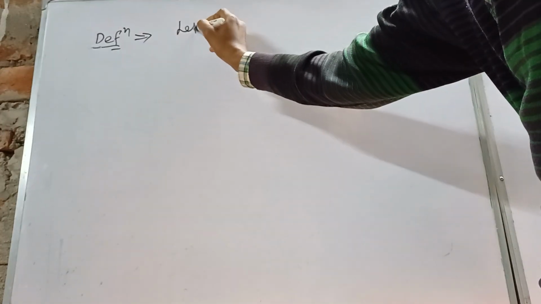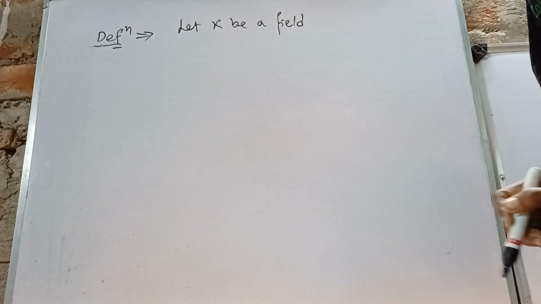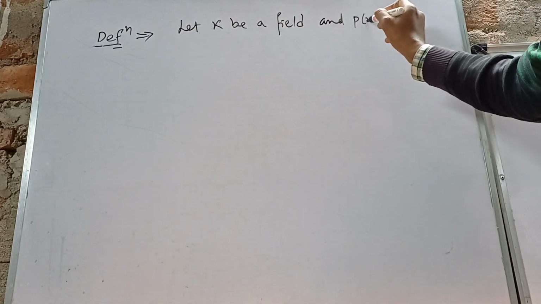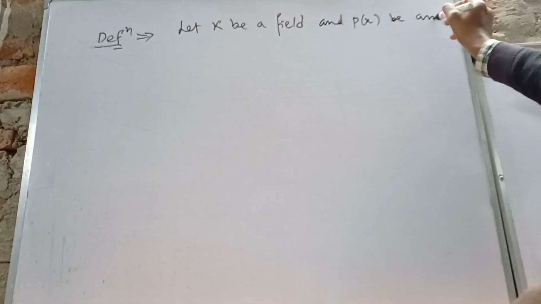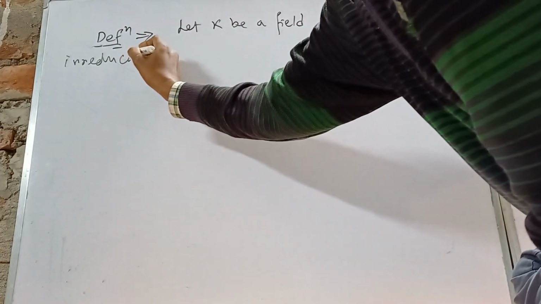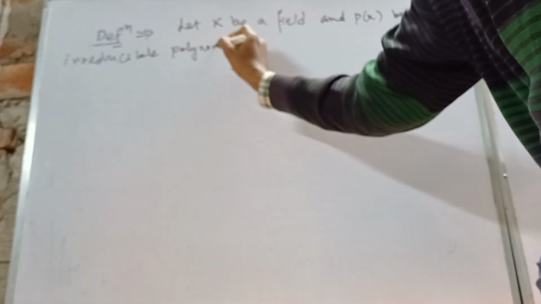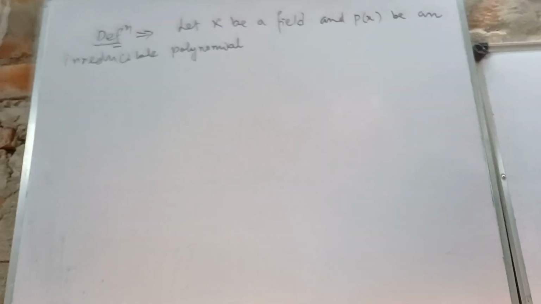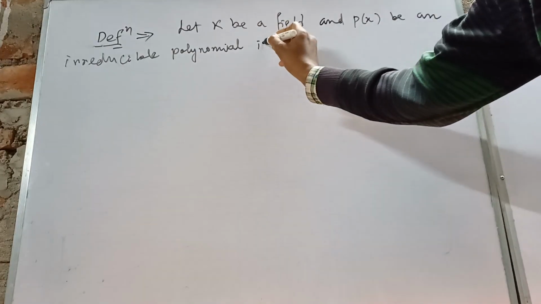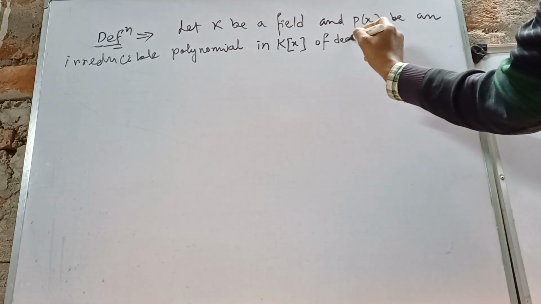Let K be a field and p(x) be an irreducible polynomial in K[x] of degree n.